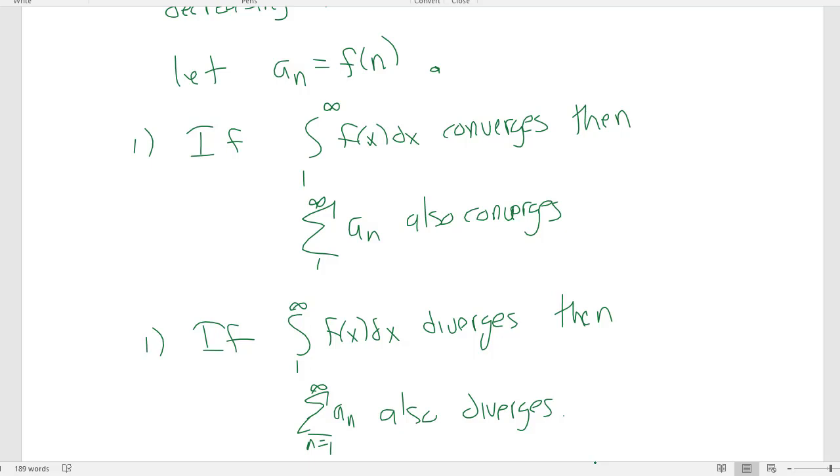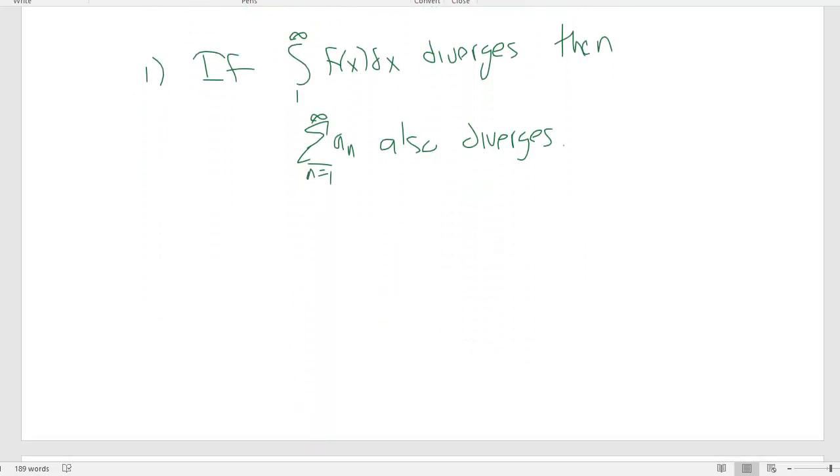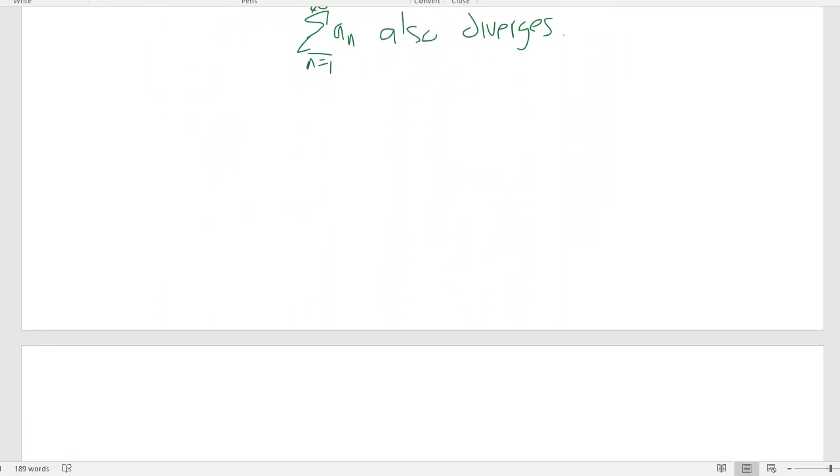Now, another note that I want to make here is that technically the function doesn't have to be decreasing from 1 to infinity. Even though our statement says that at the beginning, it doesn't really have to decrease from 1 to infinity. So let's just make a little note about that.